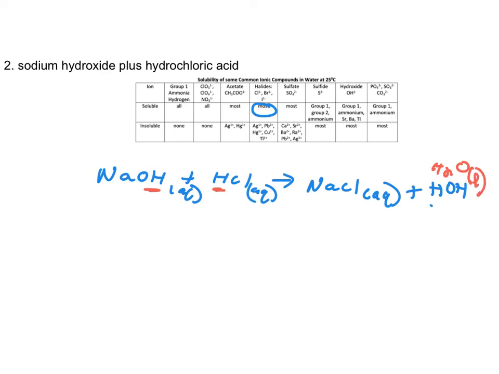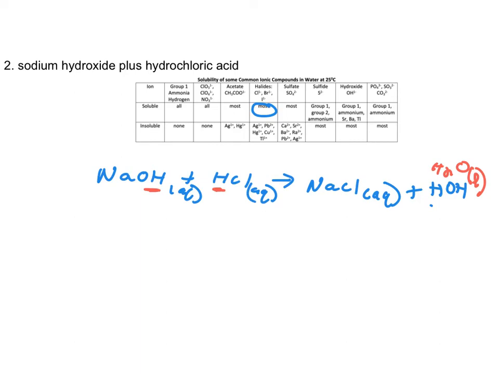So as I look at this, I'm going to try to just talk through and get to the net ionic equation. I think I can just walk you through to get to the net ionic. So this liquid is not the same, right?